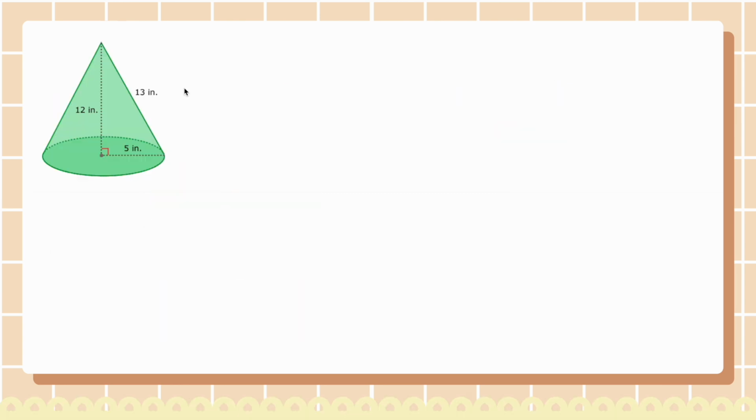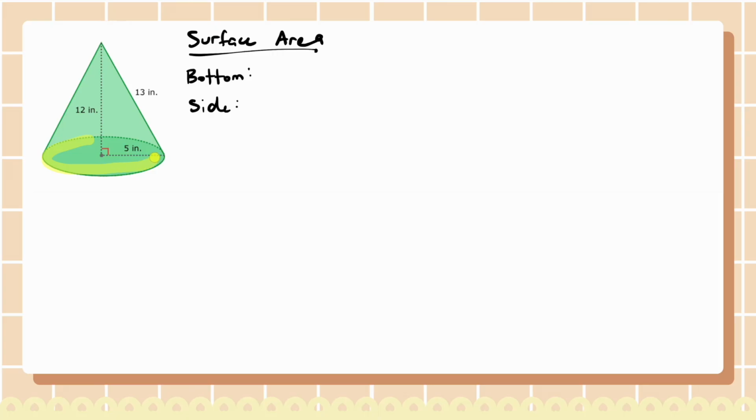Now let's solve for this cone. I'm going to be starting off with surface area. And for the surface area of a cone, notice that this time we have a bottom. And the only other part that I need to solve for is the side of the cone that wraps all the way around right here. So just the bottom and the side.